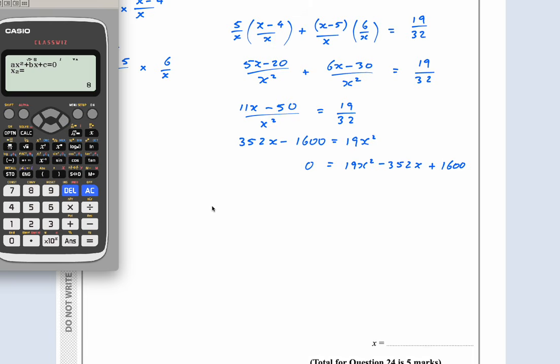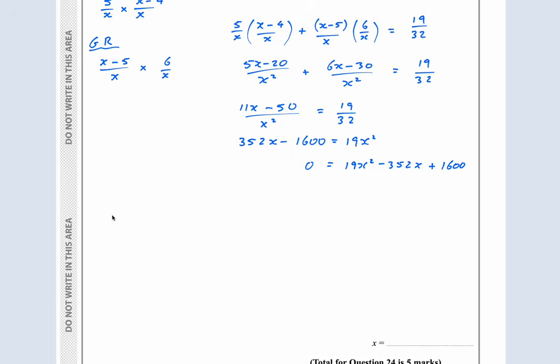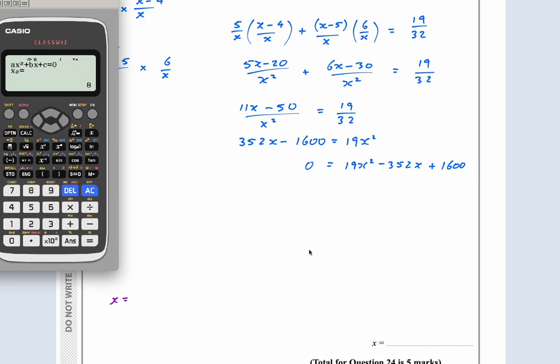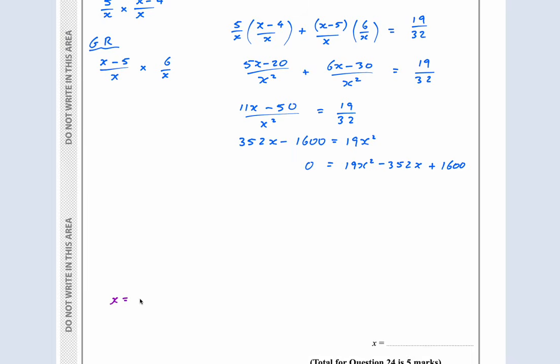It's not a cheat, but it's kind of working backwards. So x is 200 over 19 and x equals 8. So the factors are 19x minus 200 and x minus 8, because what equals 0 gives the factors.